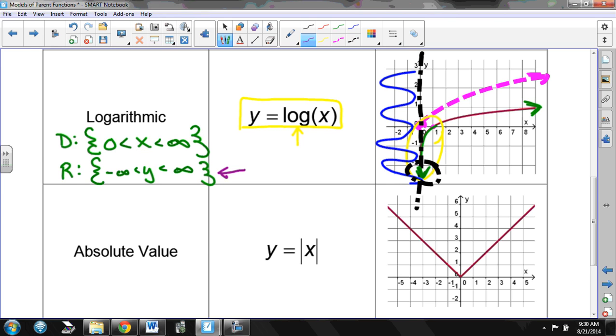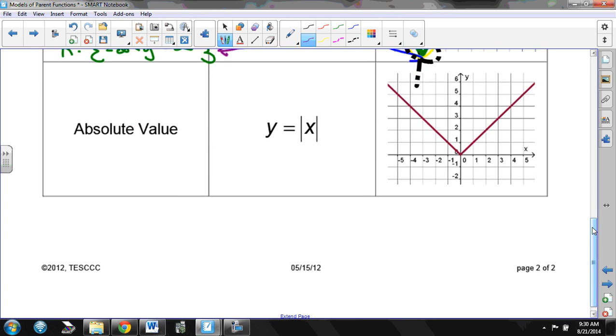All right. The last parent function that we're going to look at here for Algebra 2 at the beginning of the year is called the absolute value. The absolute value is these vertical bars on both sides of the x. And what absolute value means is just how far are you from 0.